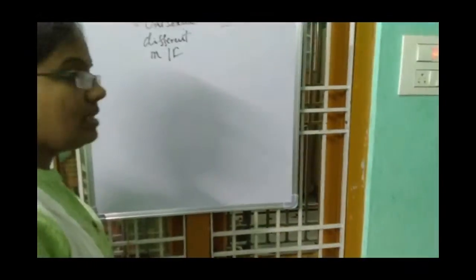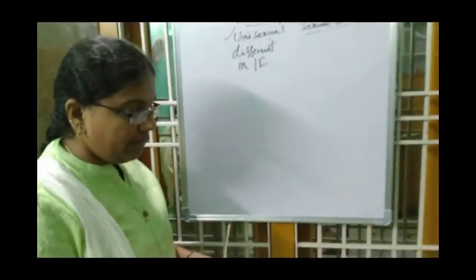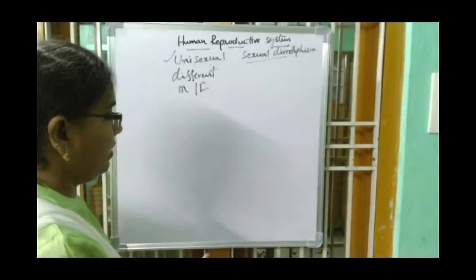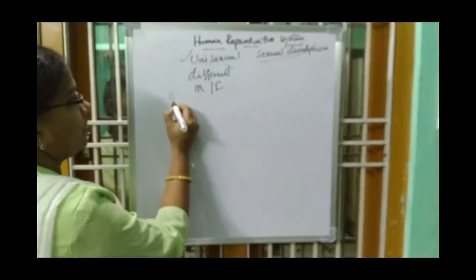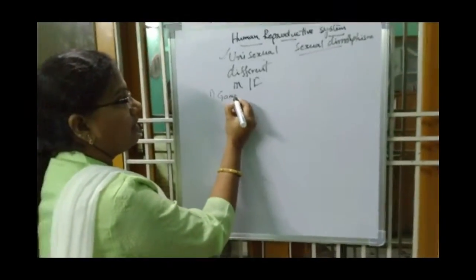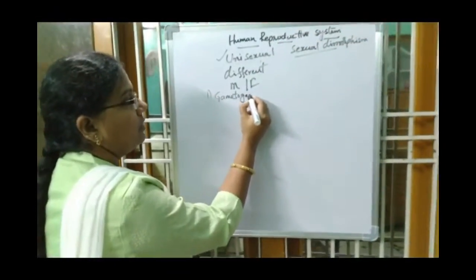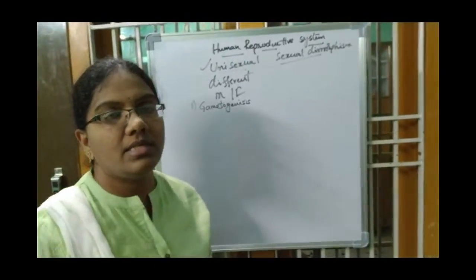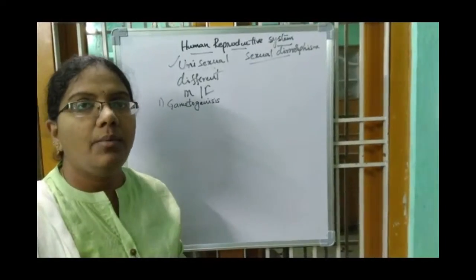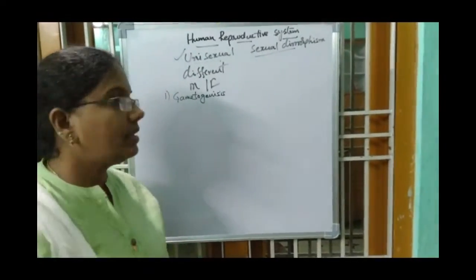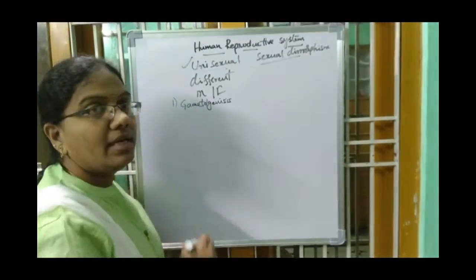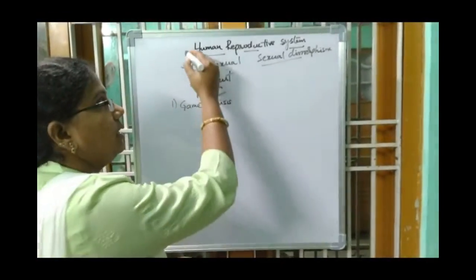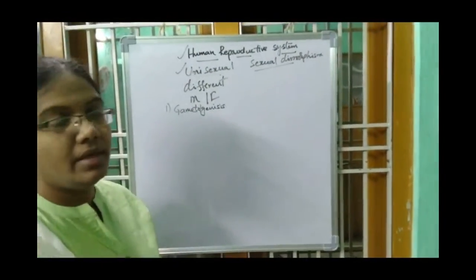There are some phases related to this topic. The first phase is gametogenesis. What is gametogenesis? Gametogenesis means production of gametes by organisms, especially human beings in this chapter.